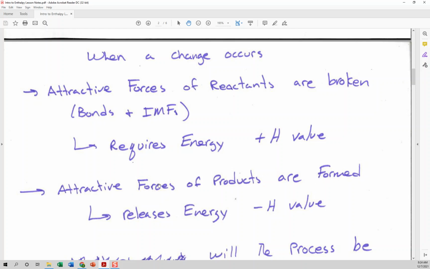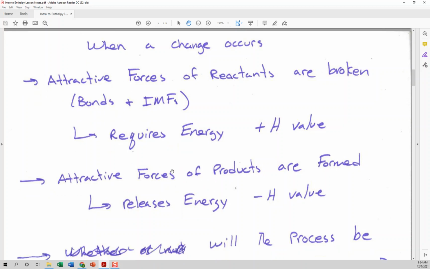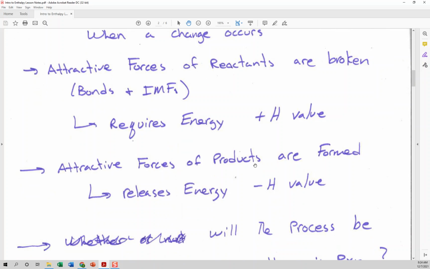So you have attractive forces, intermolecular forces, or bonds, covalent bonds, ionic bonds, all that kind of stuff. When new attractive forces are formed, that releases energy, so that has a negative enthalpy value.